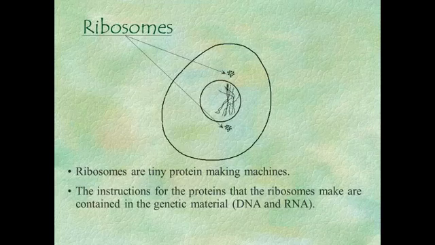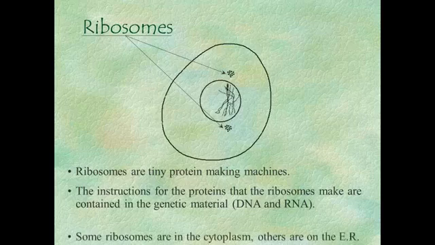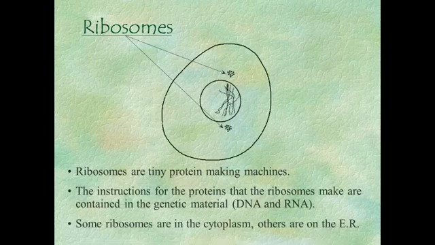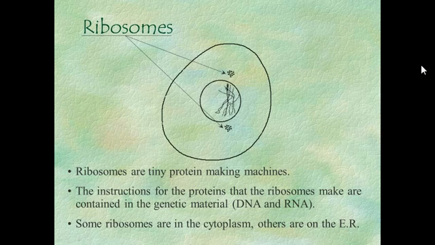In about a month, we'll be looking in some detail at how those instructions get out of the nucleus and to the ribosomes. And that is a somewhat complicated process, but we'll be looking at that in some detail later on in the semester. Some ribosomes are floating around freely inside the cytoplasm, as these are.